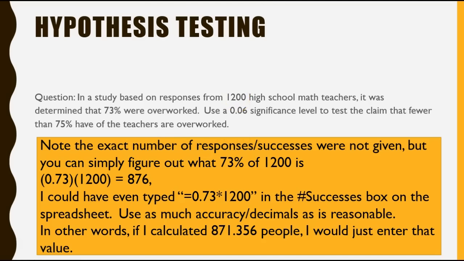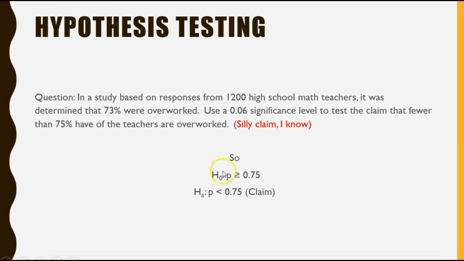So I can easily get that number by multiplying 0.73 times 1,200. I also could have typed 0.73 times 1,200 in the success box on the spreadsheet. We'll do that in just a second, and it wouldn't be that difficult to do.